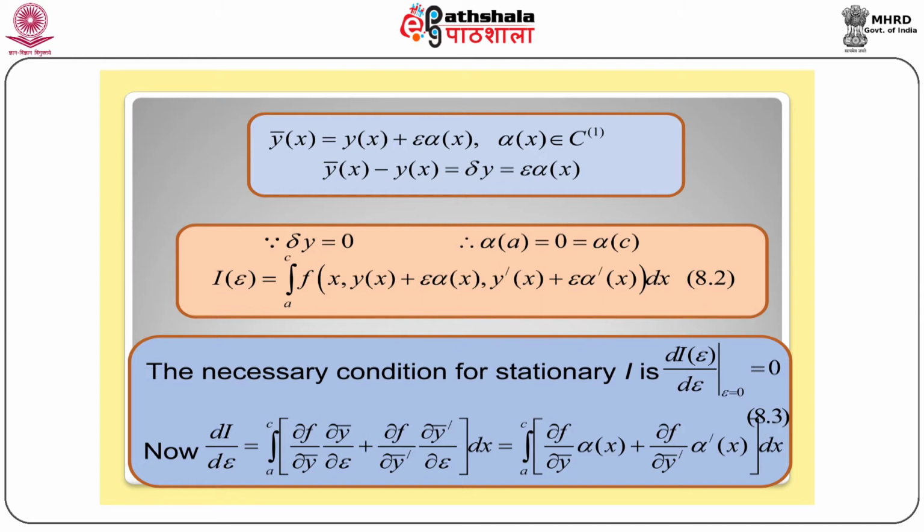After taking the derivative, we have replaced the first order derivative of y bar with respect to epsilon, which gives alpha of x, and the first order partial derivative of y bar dash x with respect to epsilon gives alpha dash of x. We have substituted this value and get the last line.